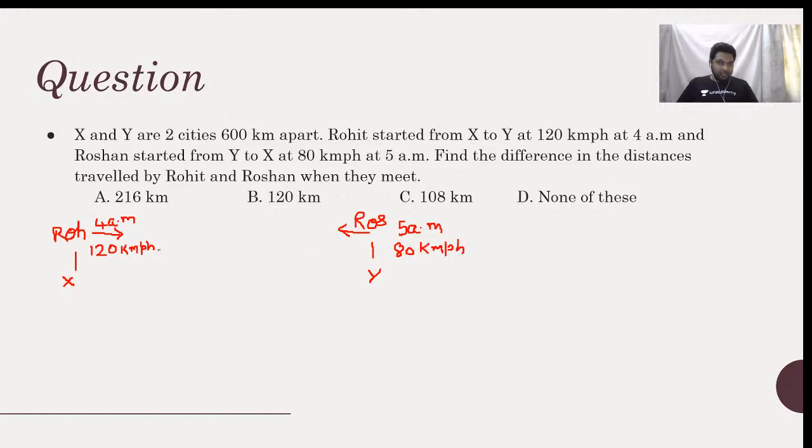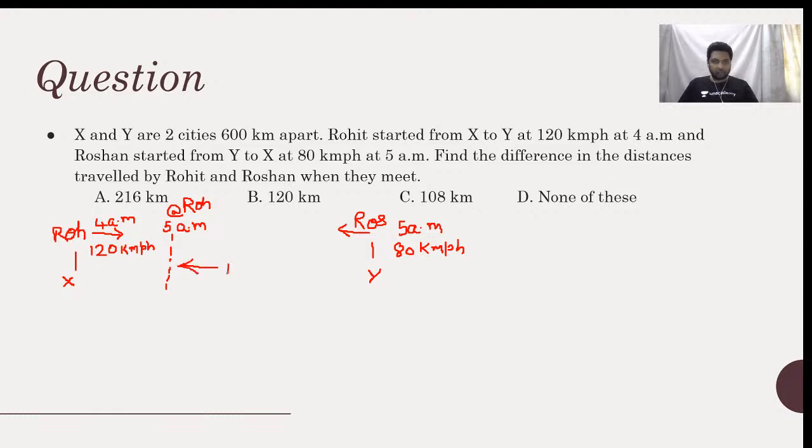See, if Rohit started at 4 a.m. at 120 kilometers per hour, at 5 a.m., where will he be? At 5 a.m., he'll be somewhere over here. Rohit at 5 a.m. is over here. Total distance was 600, out of that 120 is gone.